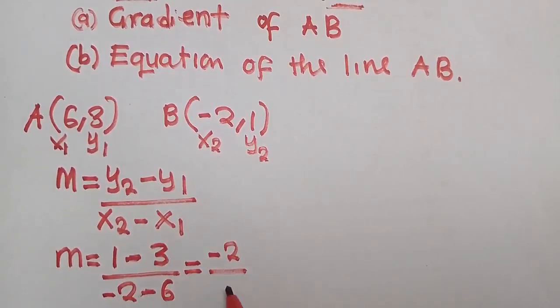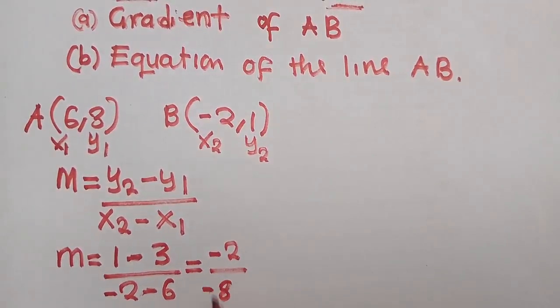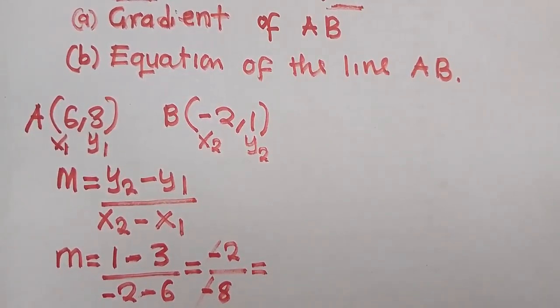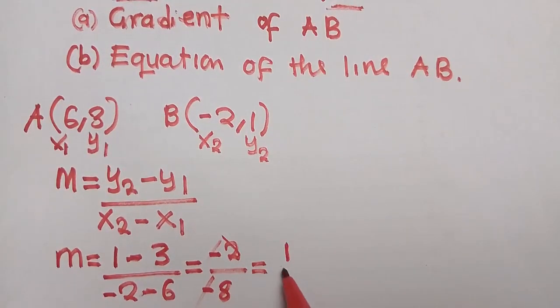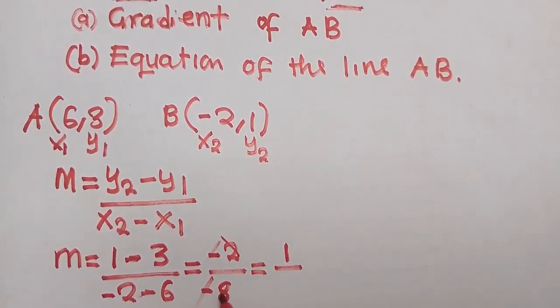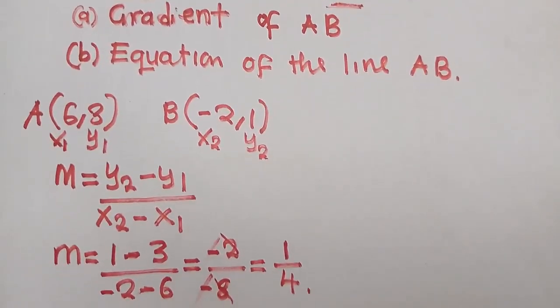So you add, that is 8, and the sign is negative, so the negatives will cancel out. 2 into 2 is 1, so we've got 1 over, 2 into 8 is 4. So we've got 1 over 4 as our gradient.